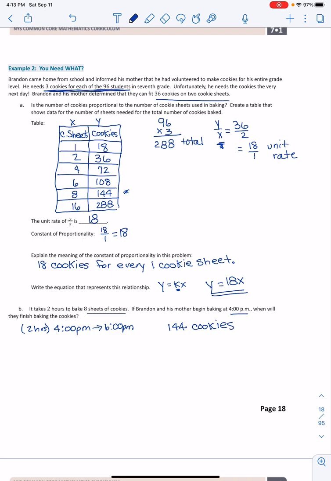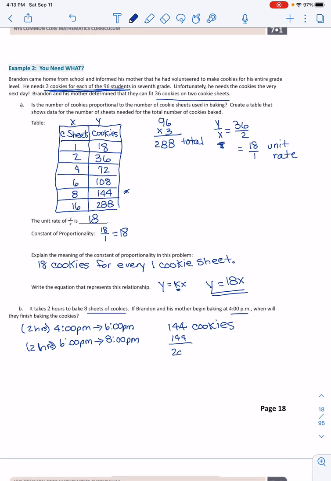So from 6 to 8, that's another 2 hours. That's another 144 cookies. And I add them together. That's 288.